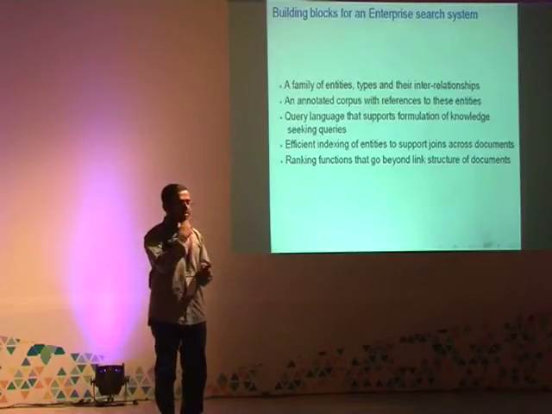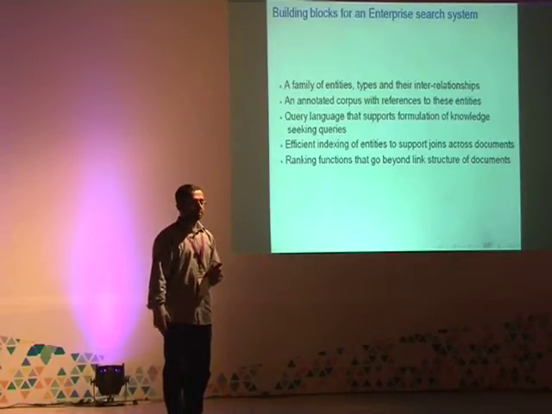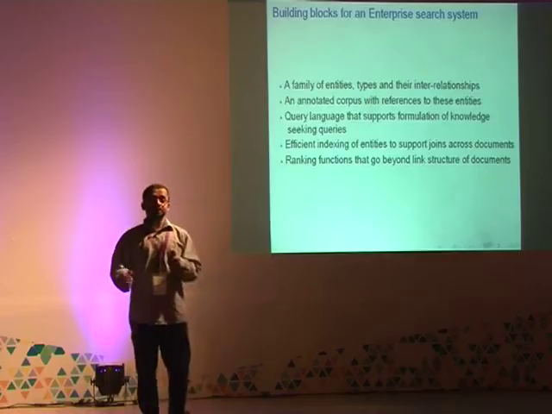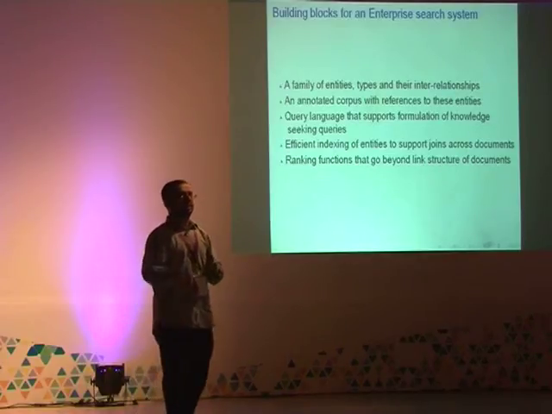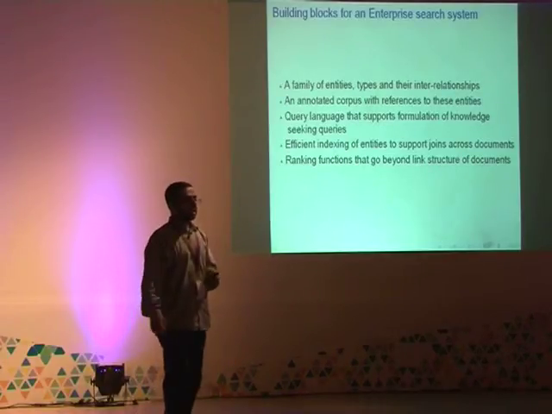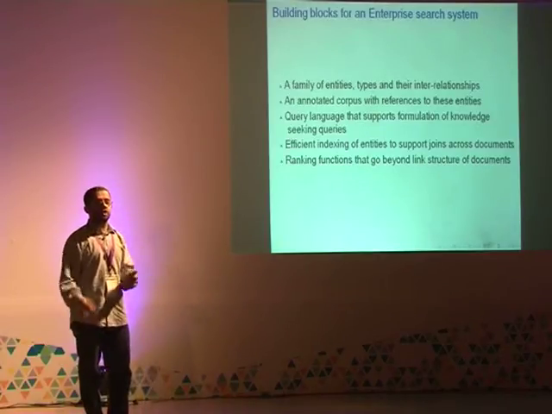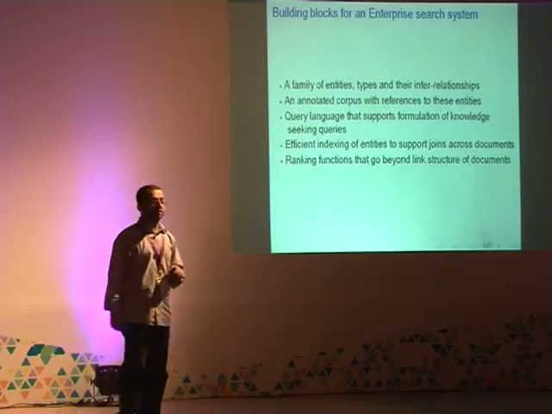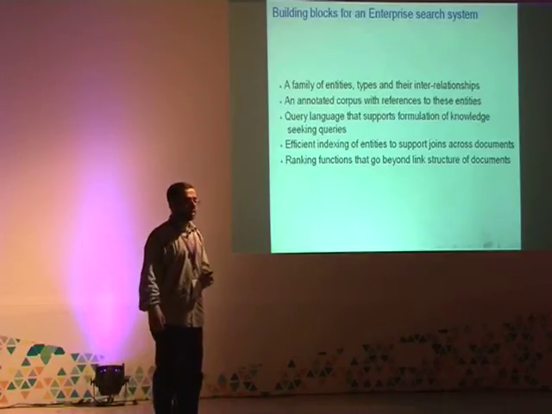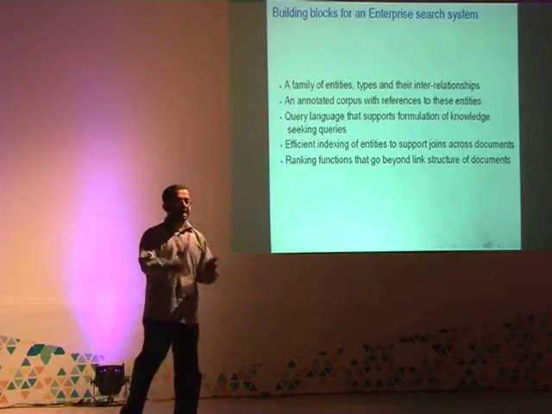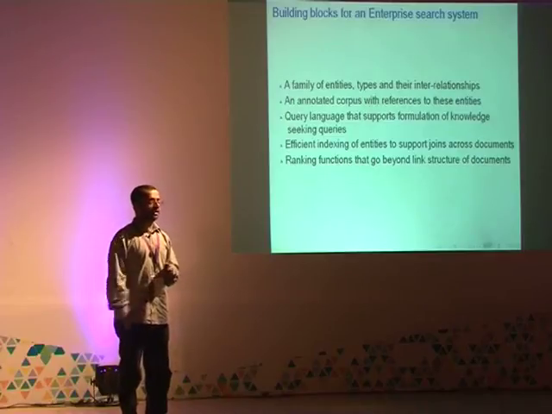You need a query language that supports formulation of knowledge seeking queries. And you need efficient indexing so that you can retrieve results quickly. Then ranking functions that go beyond the link structure of documents. This again we will not refer to in this presentation, but there is a lot of work on ranking for entity and relationship retrieval.